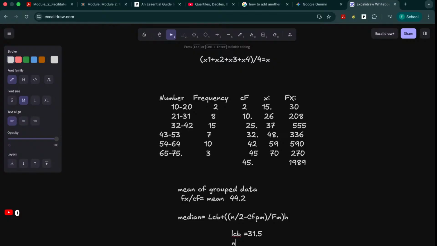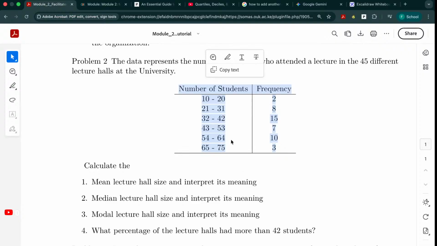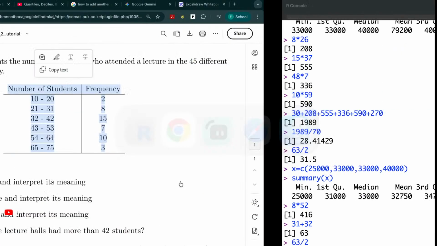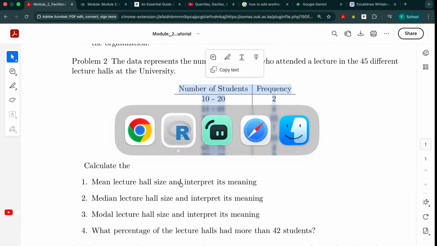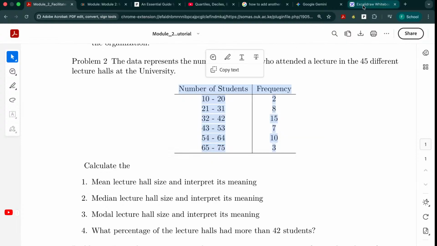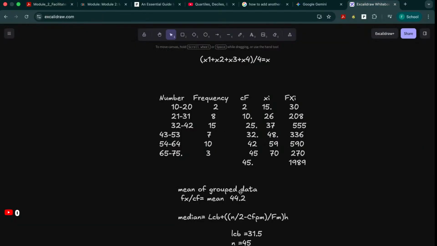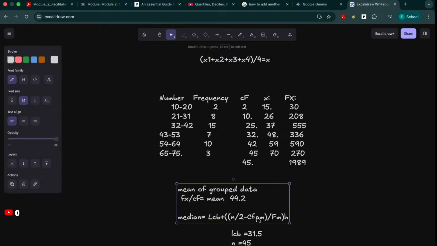Then our n is 45. N is the total number of students we were told here. Then what next? The class cumulative frequency. This one is called the cumulative frequency before the median.